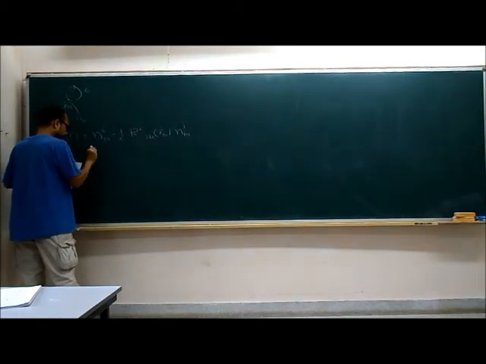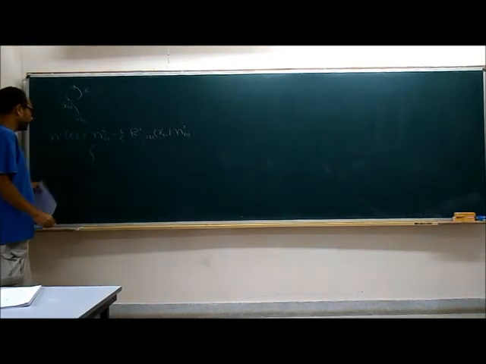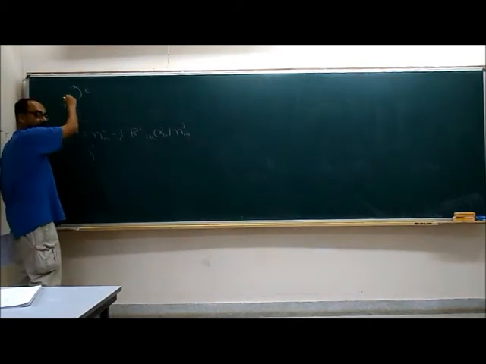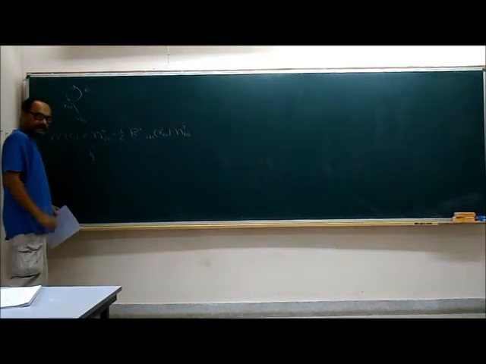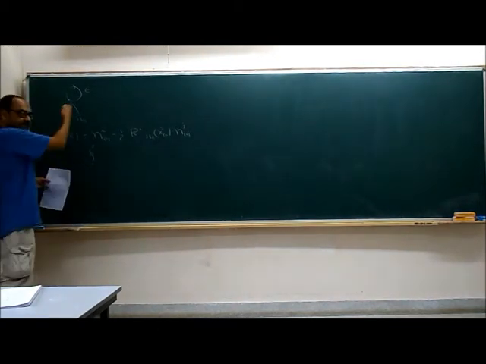I wrote it as a closed integral, so this symbol denotes the fact that it's a closed loop, not a complex contour integral, because there is a complex number over here.